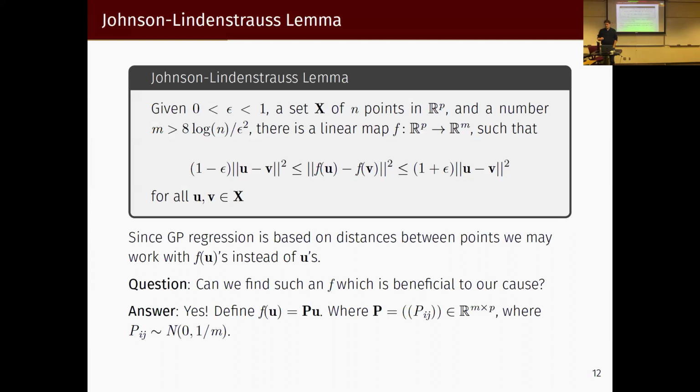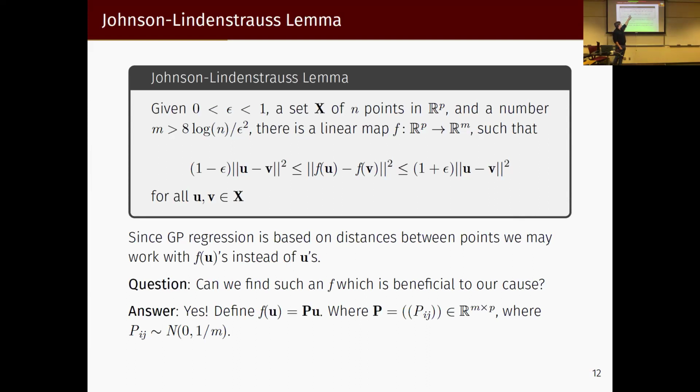So if you guys were here a couple of weeks ago when Jacob talked, we learned about the Johnson-Lindenstrauss lemma, which says that, say we have a set of n points, X, an n by P matrix. And there exists a function which takes us from P down to M, where M is some number that's got to be at least this big, that satisfies this.